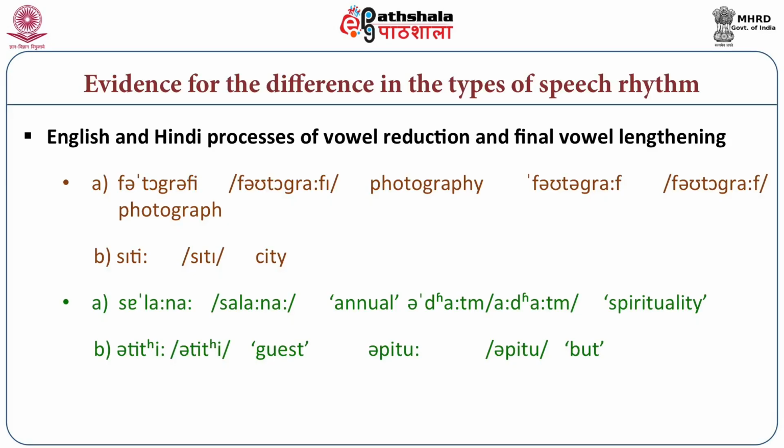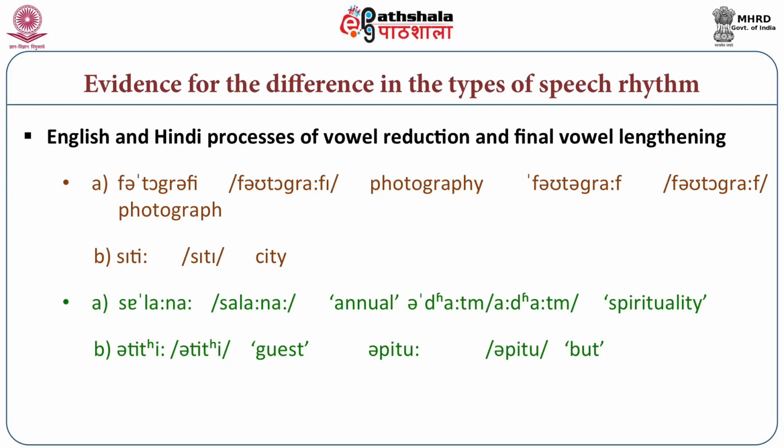For example, look at the screen for data which show the similarity between English and Hindi. The processes which are found in English are also found in Hindi. For example, English has word-final lengthening. There is no short vowel found at the end of words in English. The same is the case with Hindi.